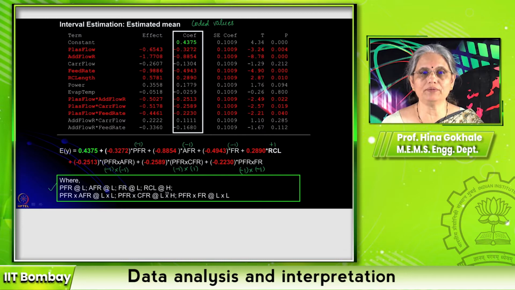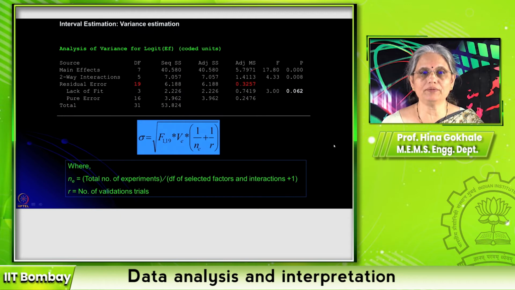You have to keep these values, and you have to do it in coded values. So, these are the values you will take, and then how do you find the range? The range is found in this manner. This is your f value, and adjusted mean square is your f value at 90.